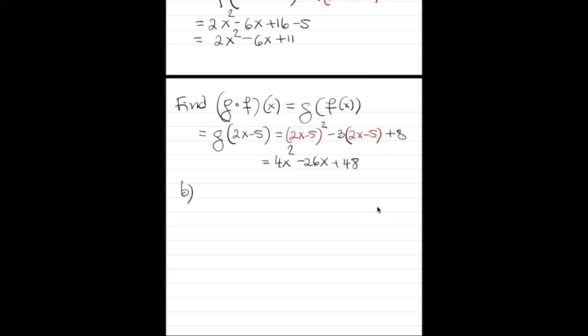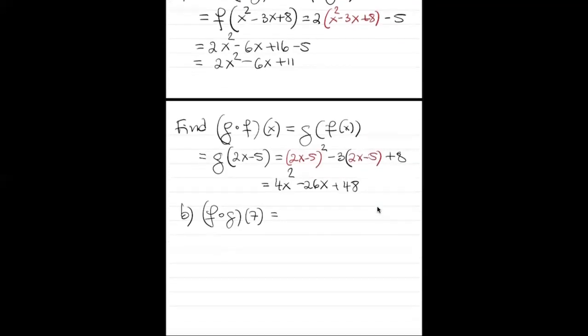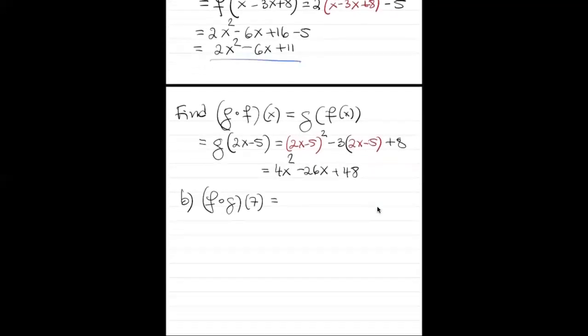Part B, the same example with the same functions. We want to figure out what is f of g of 7. So we already have the equation of the composition of f and g. It's this one. So all we have to do is plug in 7. 2 times 7 squared minus 6 times 7 plus 11.